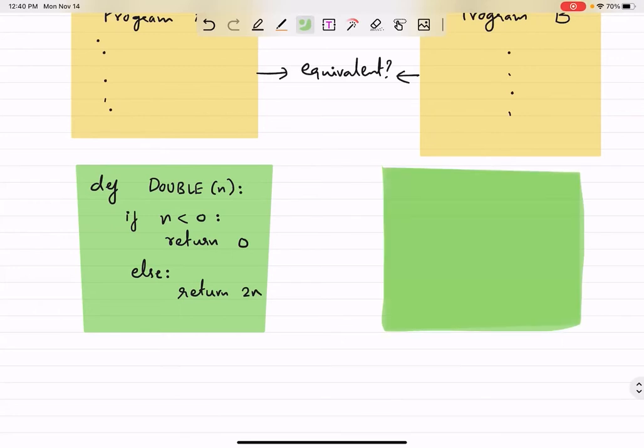The other program does the same thing at the beginning. It does a simple case check.